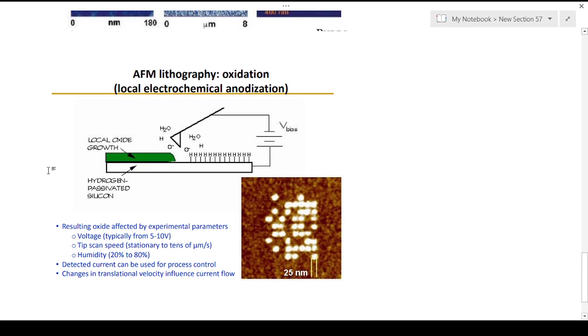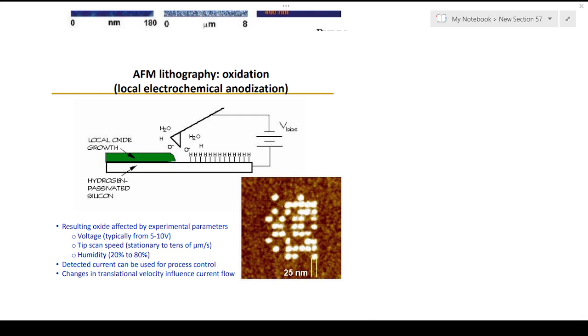So AFM lithography will allow electrochemical anodization to happen locally in a particular region, and it will get oxidized. If you want to do the oxidation effect in a specific region, AFM lithography can ideally be used for that purpose.